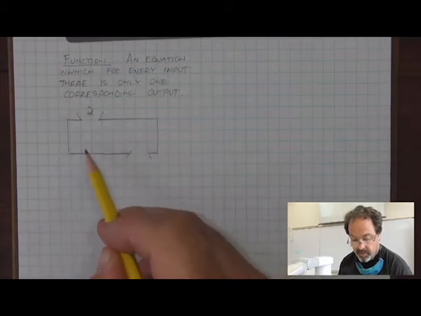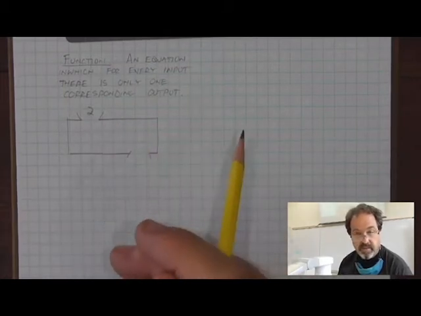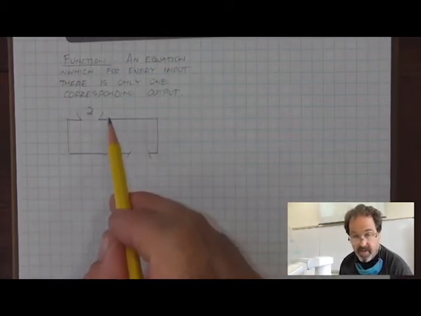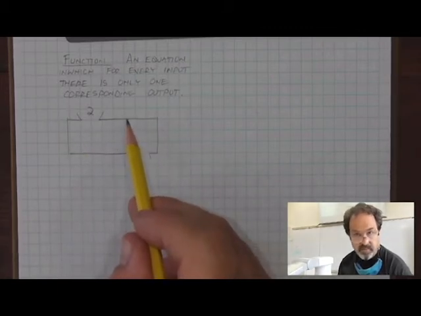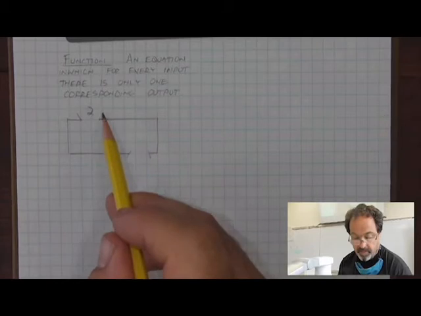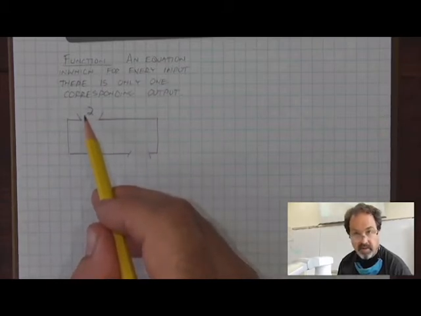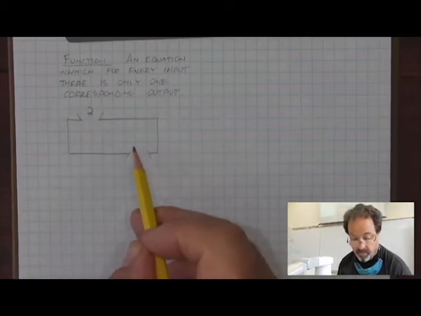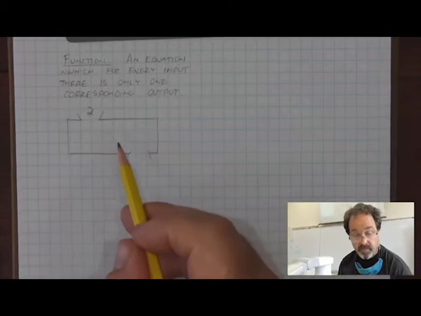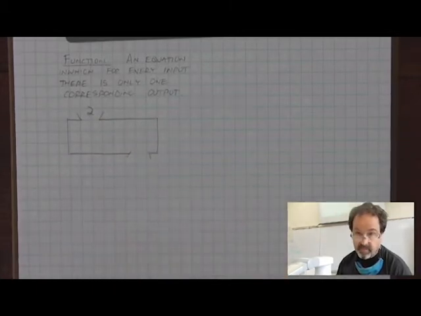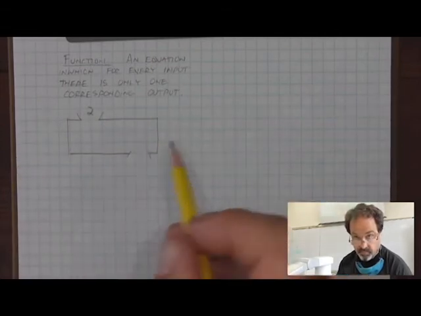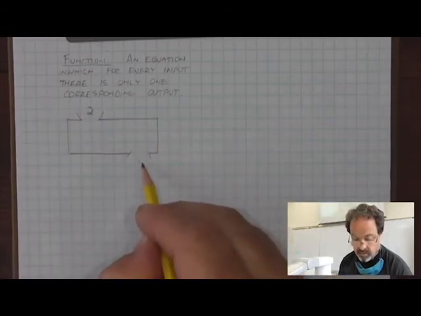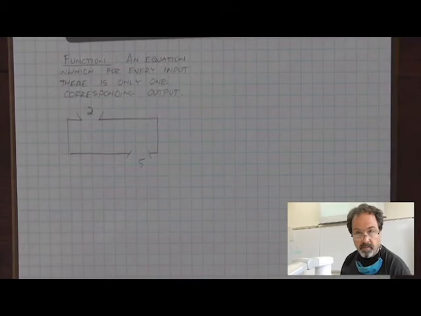Teachers love to think of functions as machines because we get the idea that there is some mechanism in there, like an old school gears and springs and levers, that process that number. And they do it mechanically such that the output is the same every time. So if you put in a 2, the machine is going to do something with the 2 and it might output another number.